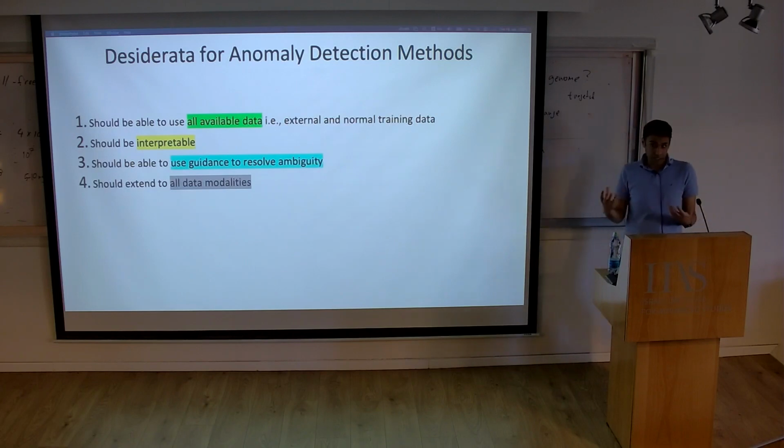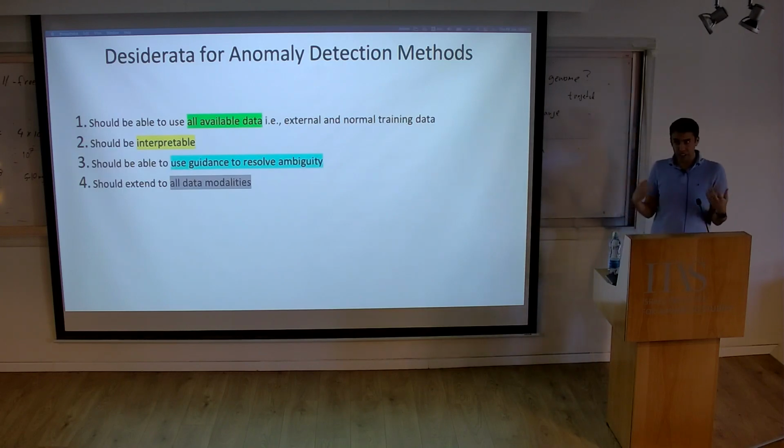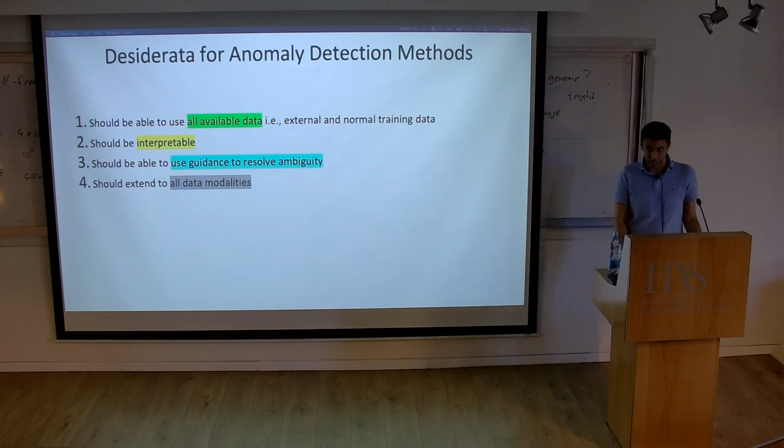But ideally, we would want to be able to use all available data, both our training data, which consists just of normal examples, maybe a few anomalies, but all the available data resources which are outside of our training set. Use the whole of Wikipedia, the whole of every scientific article, every data set, everything like that. Right? We would want to incorporate all this knowledge in order to detect anomalies, because at the end of the day, the scientist is also doing that.